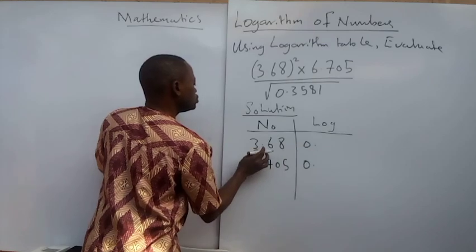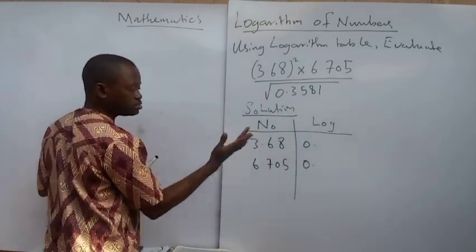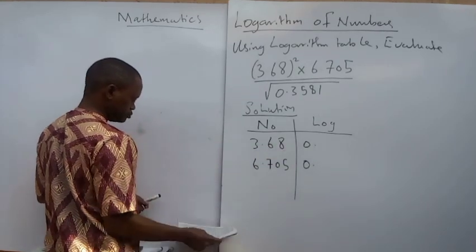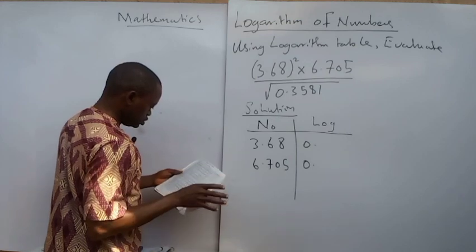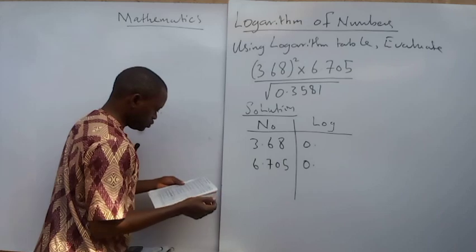The next is that I'm going to look for the logarithm of this number. Having stated the characteristics, I'll go to my logarithm table and find 36 under 8. They say use logarithm table to evaluate it.